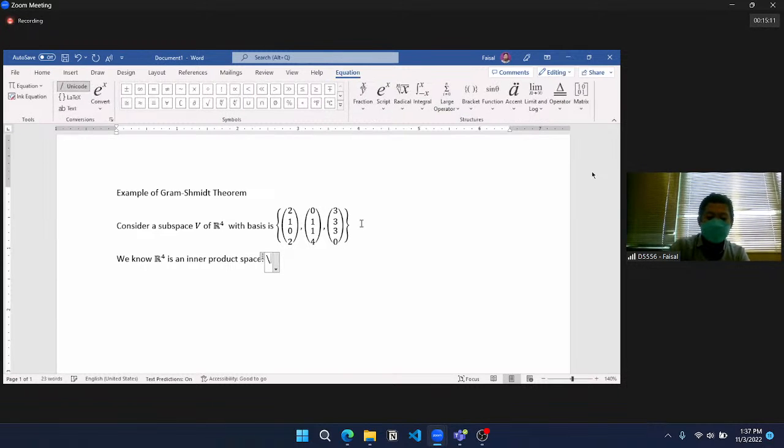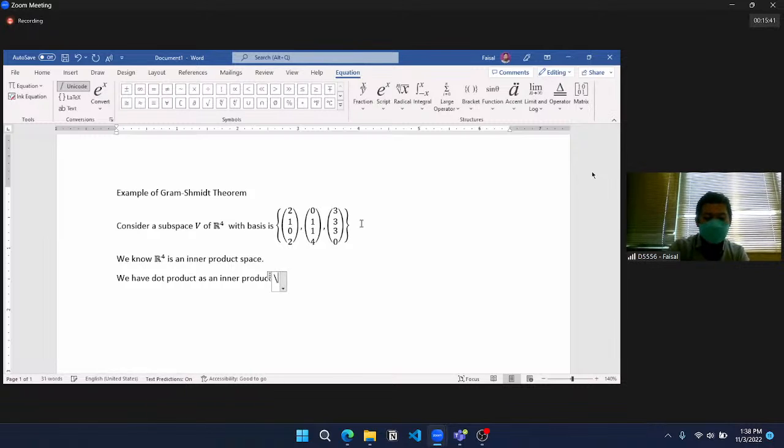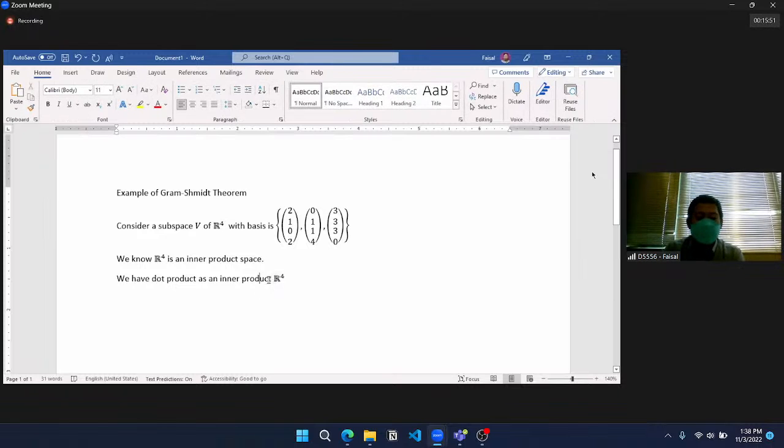So the dot product is an inner product in R4, and it is also an inner product in the subspace V.